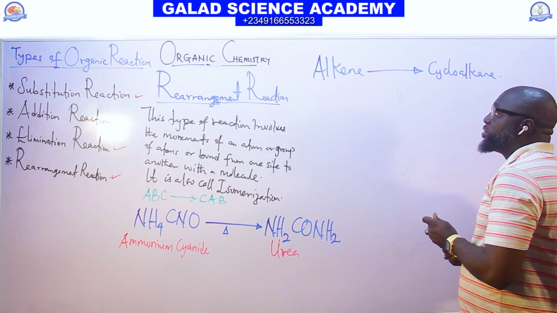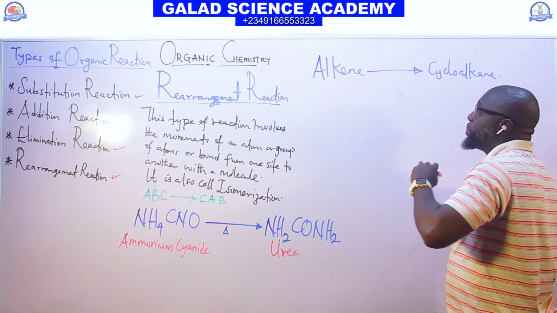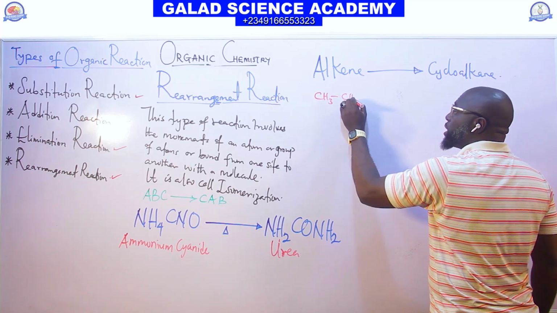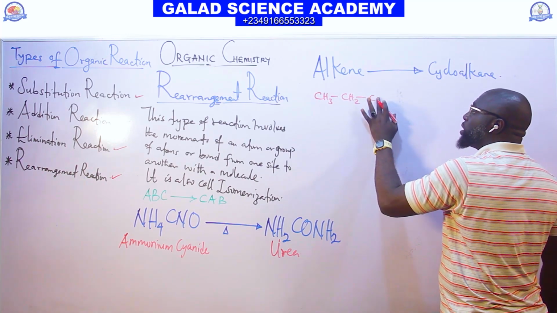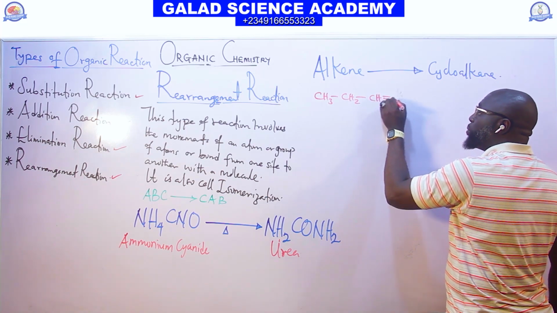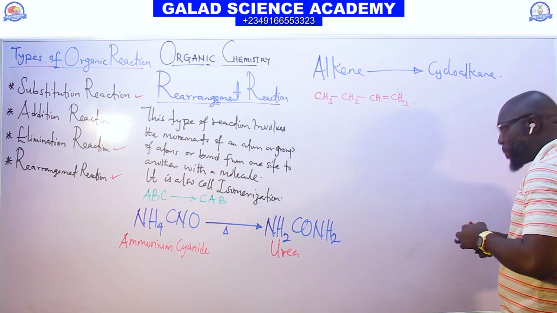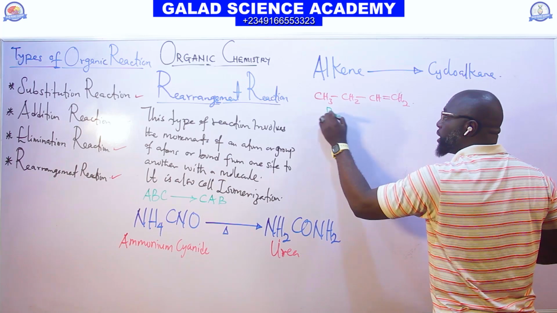So take an example for this kind of reaction. Assume we have an alkene. Which kind of alkene should I use here? Let me use CH3, CH2, CH double bond, CH double bond, CH2. Look at the compound we have here. We call it what? Butene.